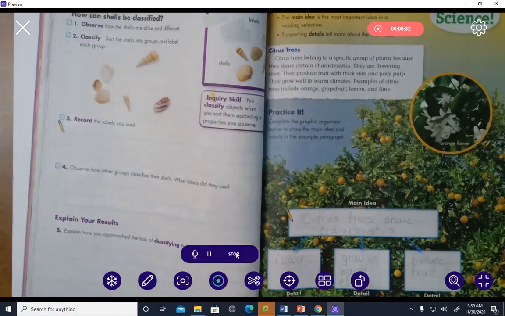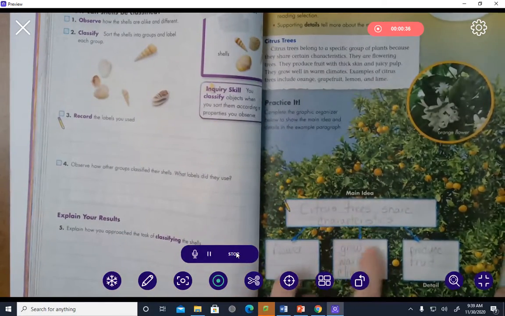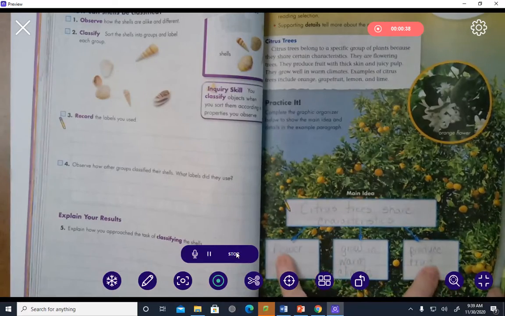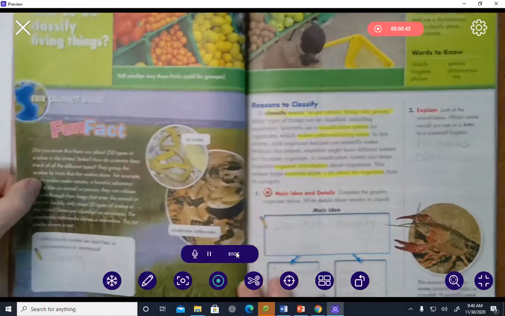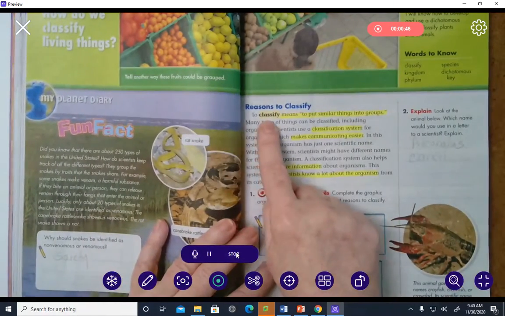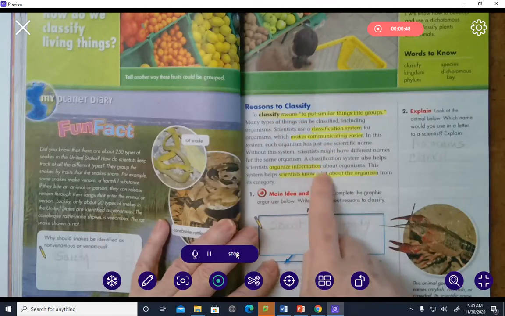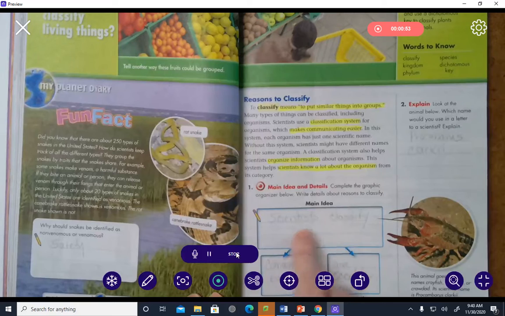We answered these things. I thought the main idea was citrus trees share characteristics, and you could write 3 details that you found in this paragraph right here. When we got into why we classify, we highlighted definitions and important information, and then we went down to once again recap what was the main idea here and what were the details there.